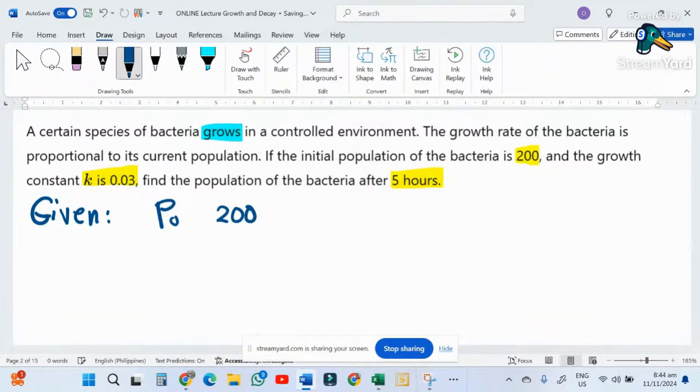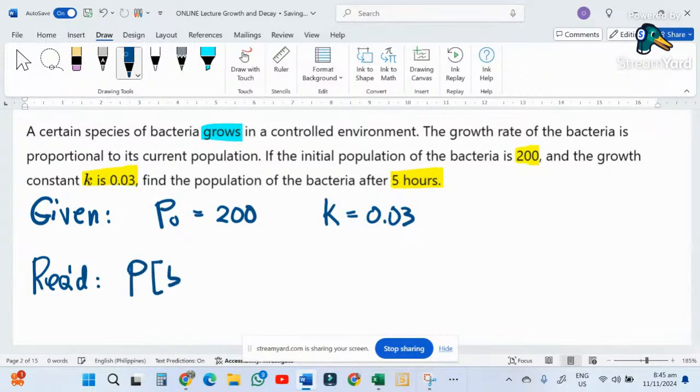Sorry for the wonky writing. Okay, and the growth constant k is 0.03. The constant is always less than 1. And find the population, so you are required to find the population after 5 hours.